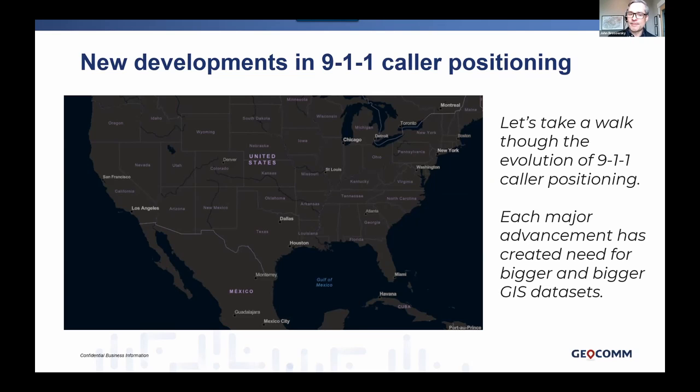Especially at that time, that really started putting new demands on GIS that nobody had ever really envisioned. A lot of emphasis and investment was going on around the mobile phone positioning, and not necessarily on the GIS data that was needed in order to make mobile phone positions actionable.